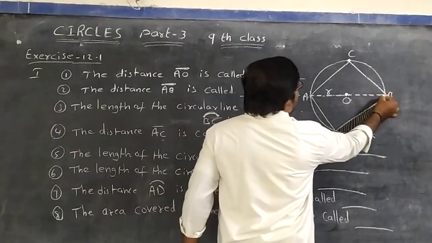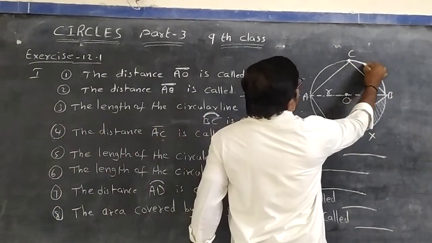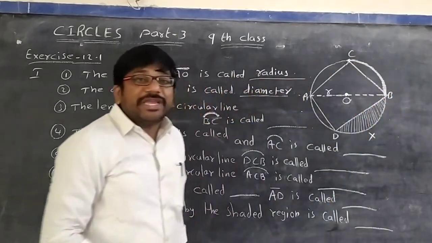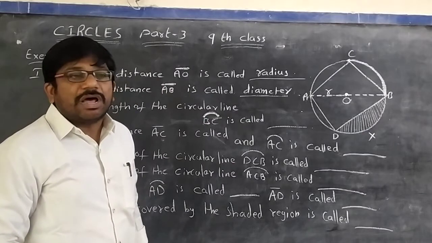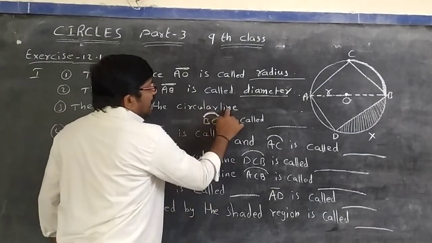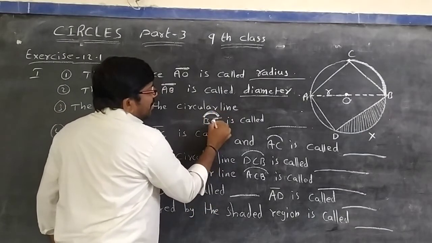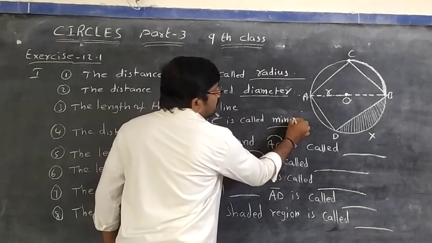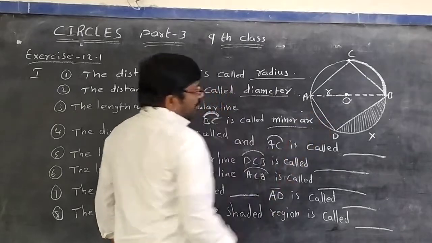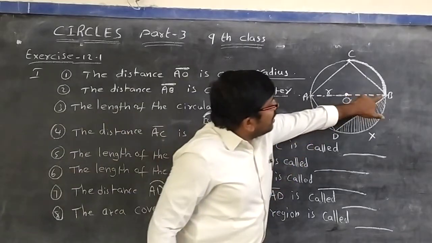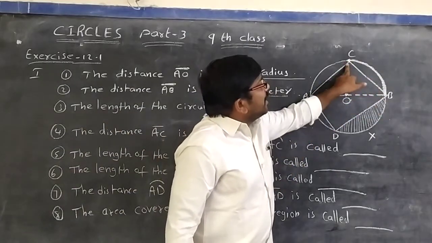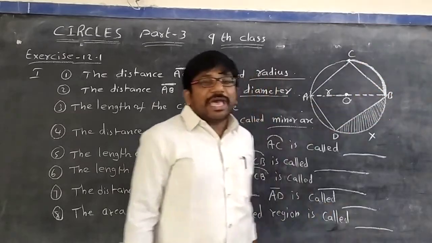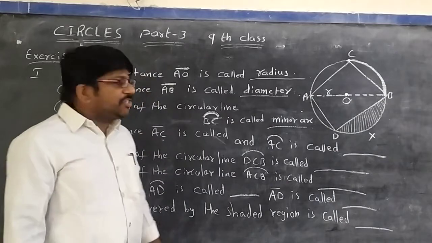Which type of arc? It is a minor arc, a small arc. So the length of the circular line BC is called a minor arc, not the BC line segment.